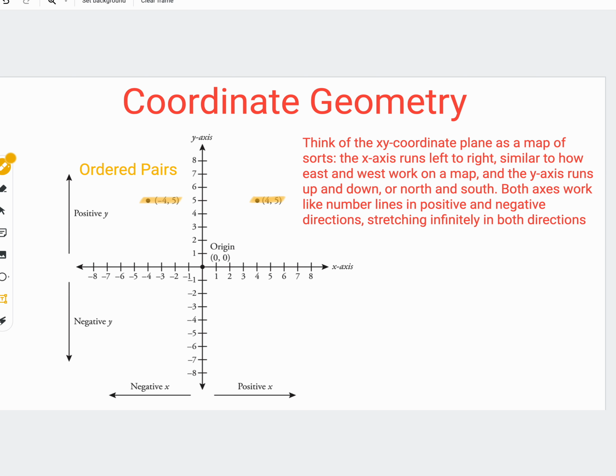Ordered pairs always go in the sequence of x, y. What this means is that we go back -4 on the x-axis first, and then we go up +5 on the y-axis to get to our point. This ordered pair represents a point on the coordinate grid.